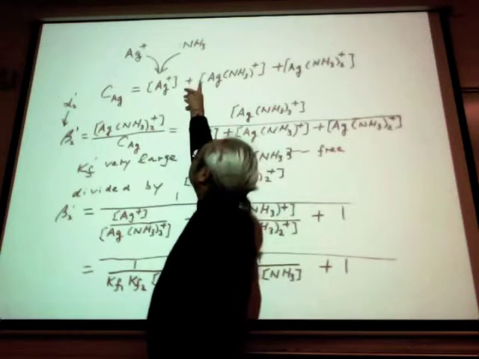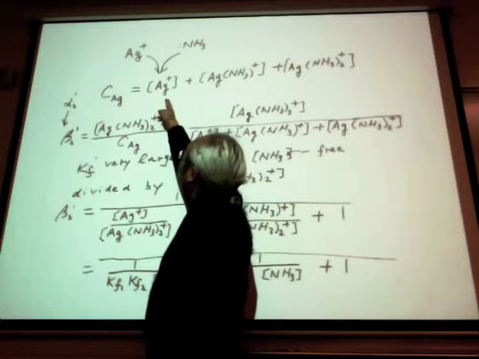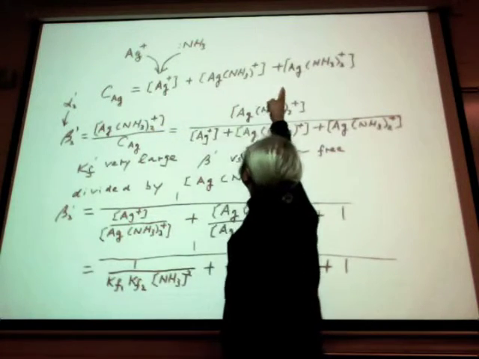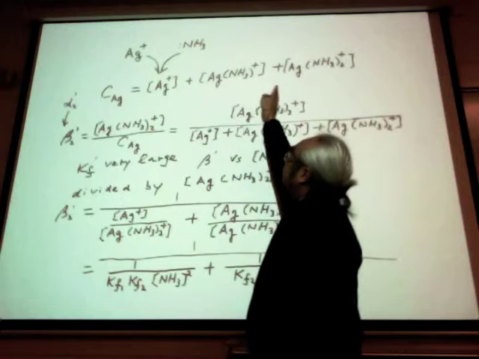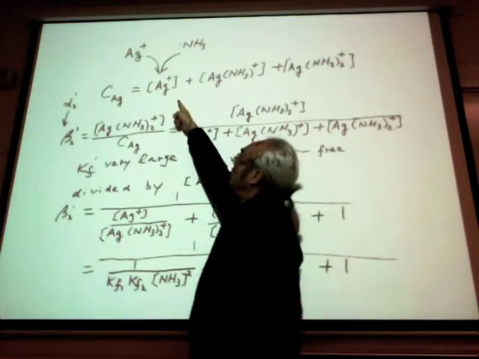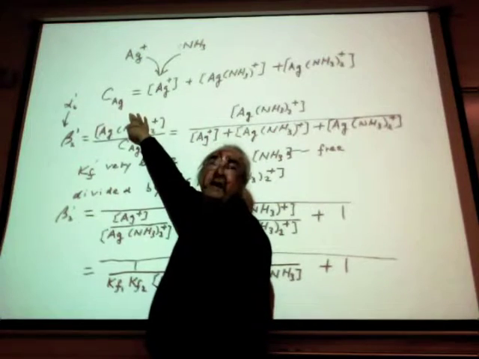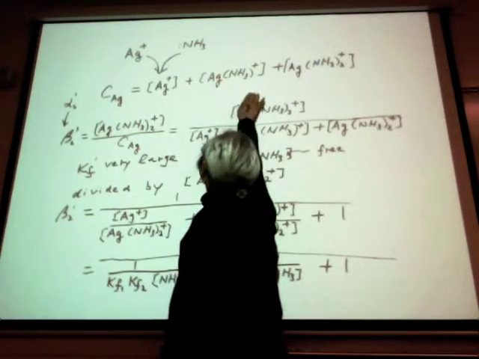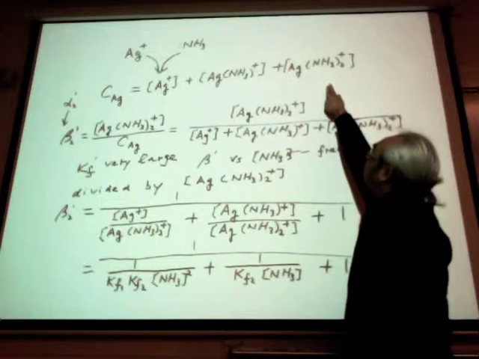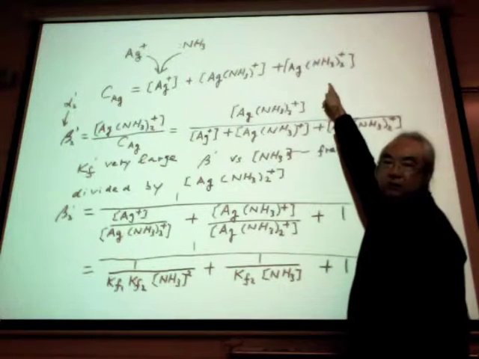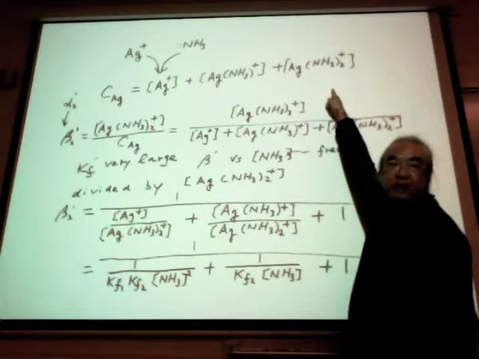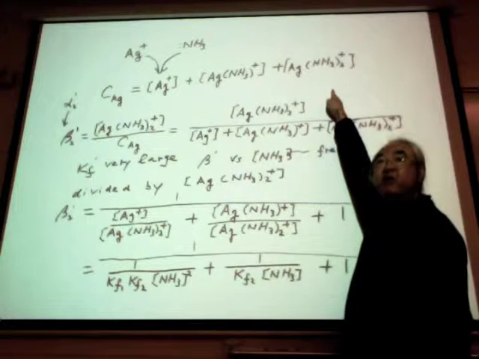Okay, so when silver and ammonia mix, you're going to have in the mixture the complex and the free silver. So this is your mass balance equation, right? Then here, the complexation stops at this chemical formula.